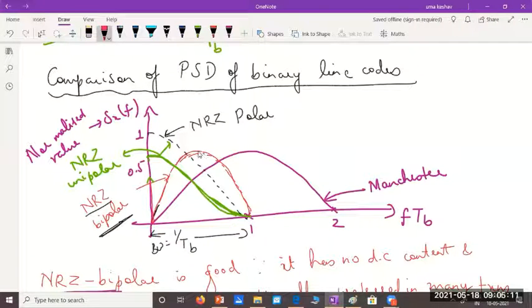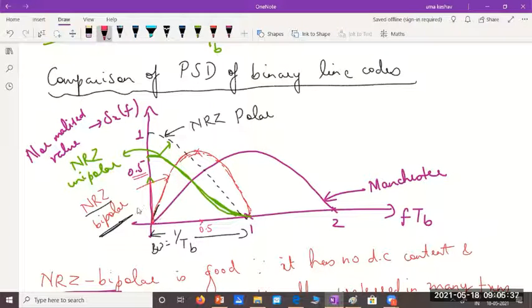Whereas when we move to NRZ bipolar, as you can see in this red curve, the power spectral density has maximized when the value on the x-axis, f times TB, is 0.5, and the highest value is 0.5, the normalized value. But we have effectively avoided power at 0 frequencies or DC.